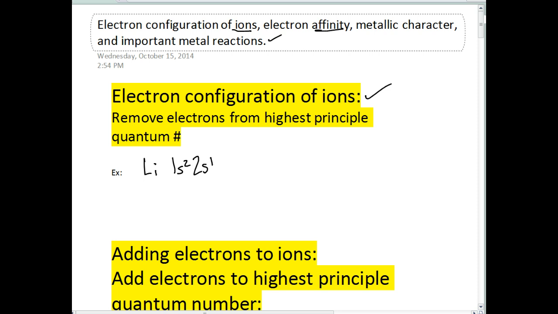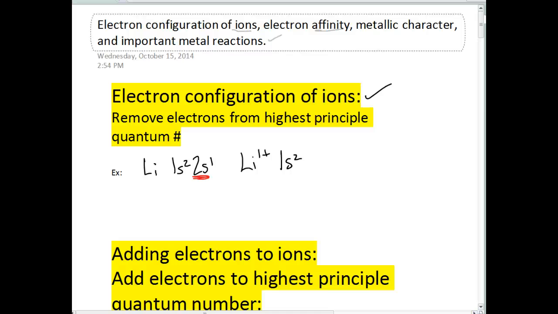If we remove one electron, which of course would be this electron right here, to form a lithium 1+ ion, which is what lithium typically forms, we take that electron out of the highest energy level. So we're left with an electron configuration of 1s2 only, which gives that lithium ion 2 electrons, so now it has the same electron configuration as helium does.